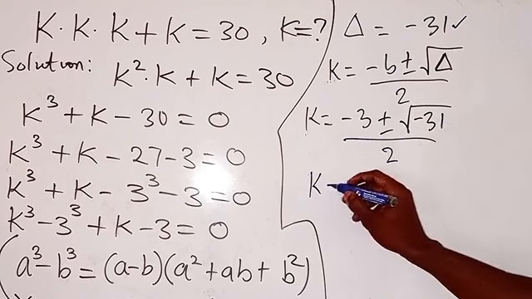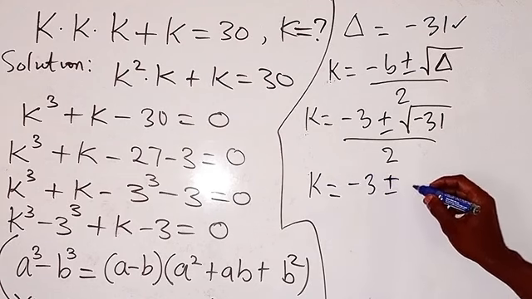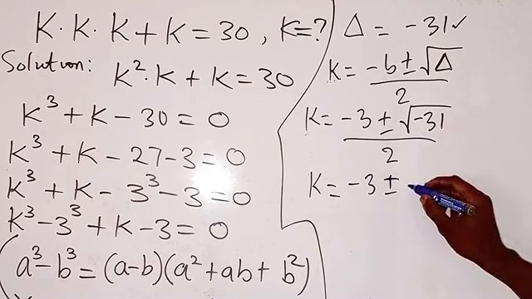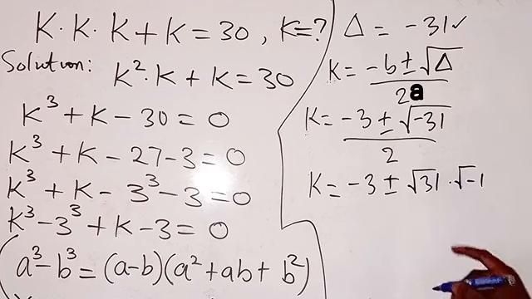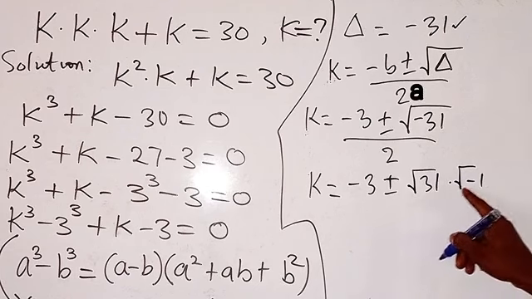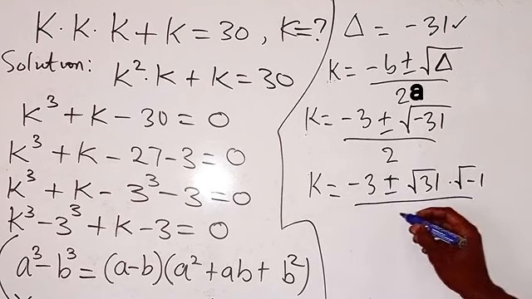Here we can split this as root 31 multiplied by root minus 1, so that when you multiply them together, it gives us this back, divided by 2.